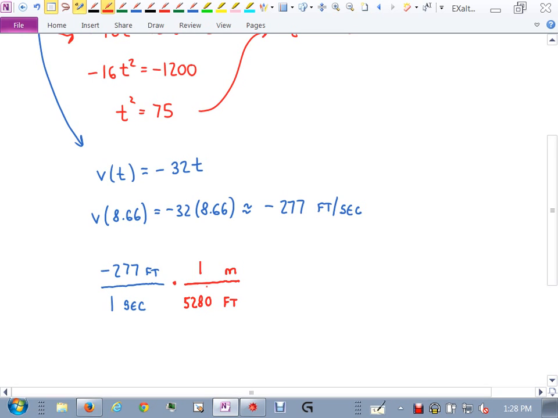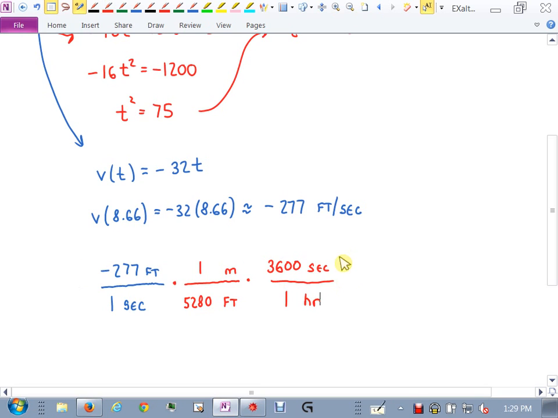Now, seconds. I need to go from seconds to hours. How many seconds are there in an hour? 3,600. There are 60 seconds in a minute and 60 minutes in an hour, so 60 times 60 is 3,600 seconds in 1 hour.